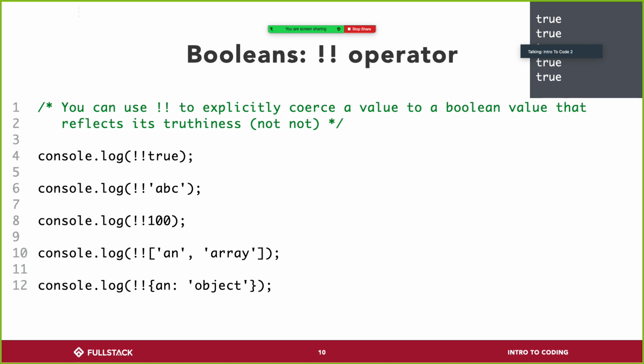So yeah, it just becomes all true because you're converting it to a Boolean. You're casting it, changing the type of that data from whatever it was to a Boolean.